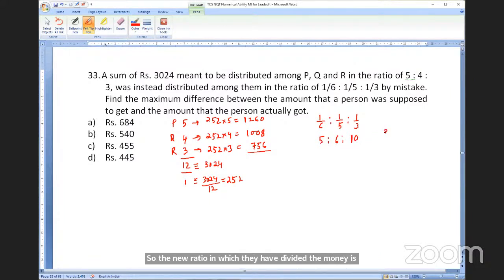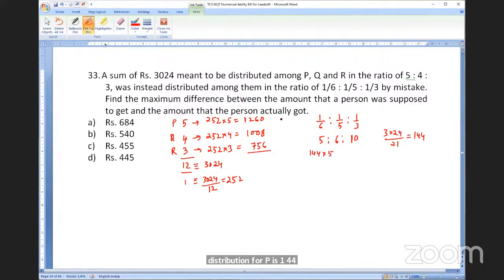That is 21 parts. 3024 divided by 21 is equal to 144 per part. That means the new distribution for P is 144 into 5, that is 720.